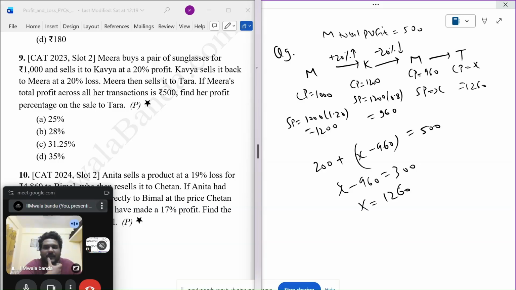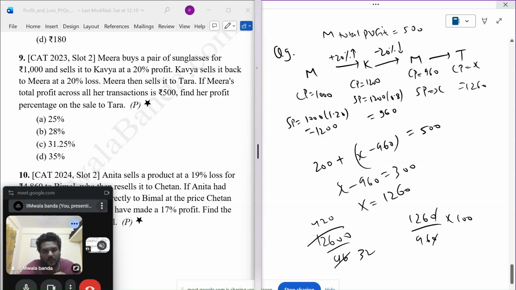Now they want profit percentage on the sale to Tara. So 1260 she earned on 960, or 12600 by 96, 32, 42, 21, 16, 7, 2100 by 16.